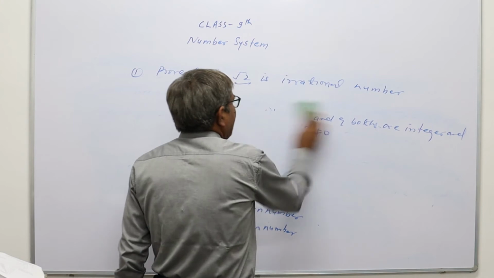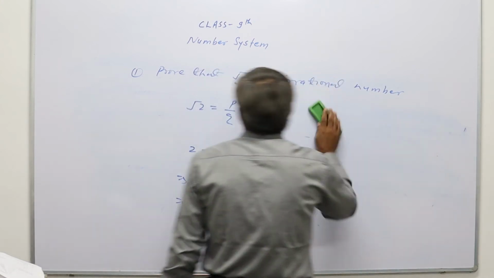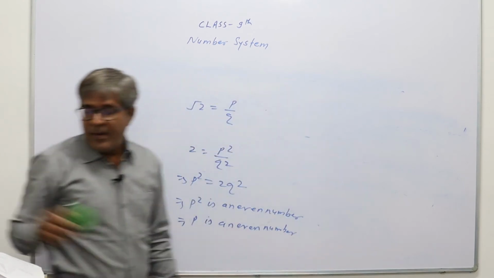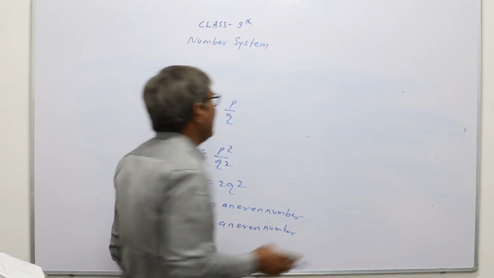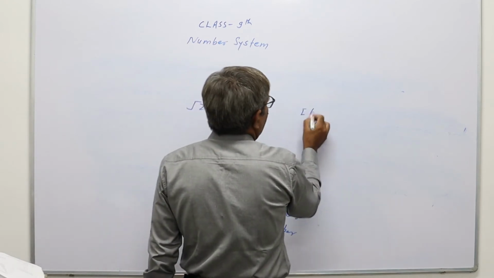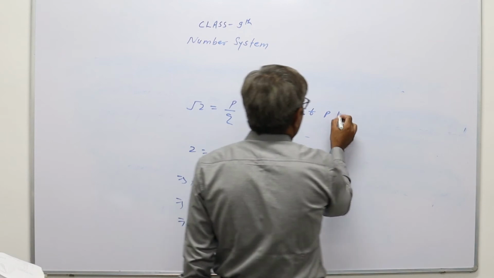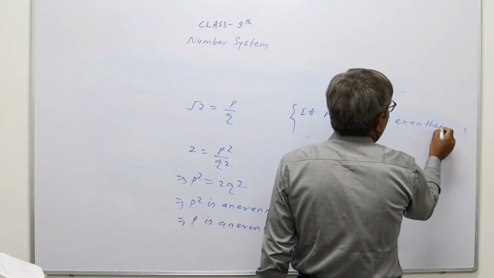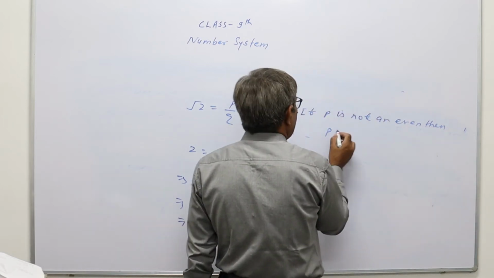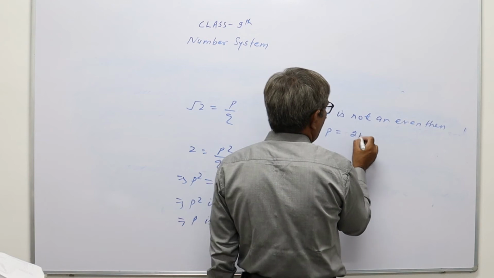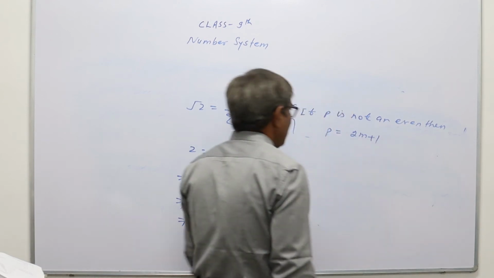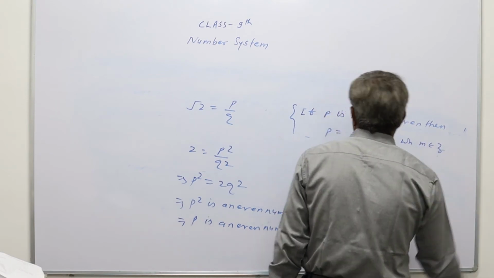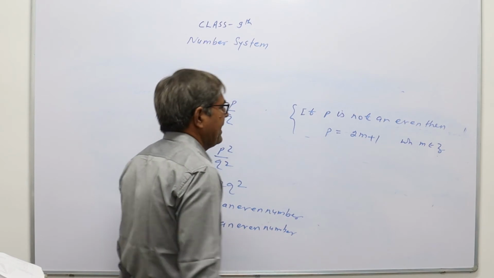Here, if p is not even, then let p equal 2m plus 1, where m belongs to Z, m is any integer.